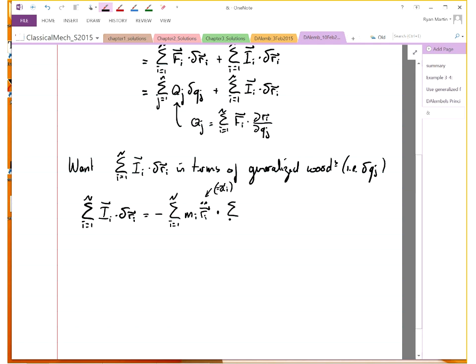So I can write that as the sum from j equals 1 to n of partial r_i vector by partial q_j delta q_j. Remember, that's just the chain rule to expand the variation of r, which depends on the q_j, in terms of the delta q_j.